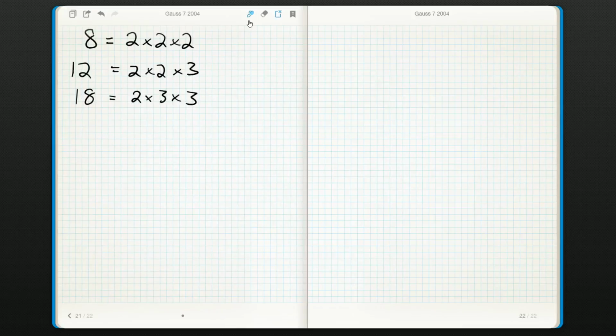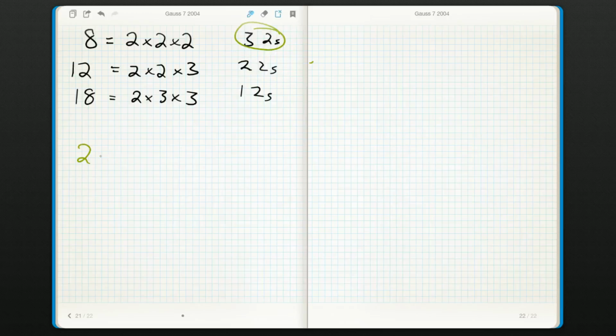Okay? So, in order to get the lowest common multiple, the steps we take are we ensure that we take the biggest number of 2's. We've got 3 2's, we've got 2 2's, we've got 1 2.